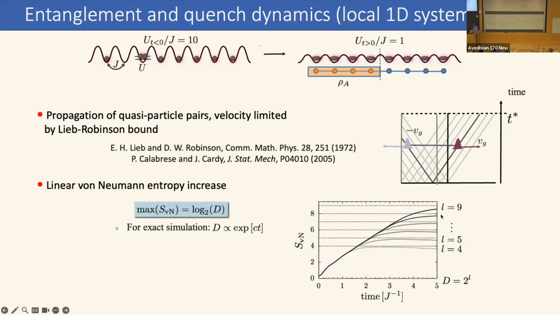You'll see down here they're all converged, because they're all giving us the same values. But as I go up in time, you see that I have to go to higher and higher bond dimensions in the matrix. This is 2 to the power of 9, so this is a 512 by 512 matrix. And you can see every time I increase this by a factor of 2, it only allows me to go a tiny bit further in time.